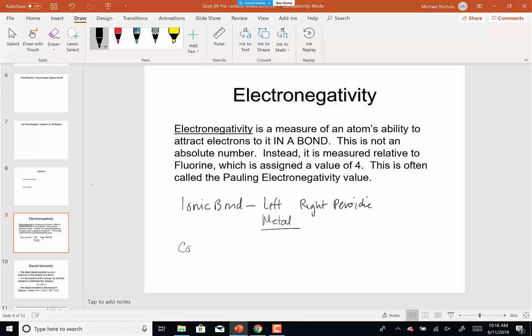When do you get a covalent bond? Well, what does covalent mean? Not complete transfer, but sharing. And covalent would be completely equal sharing. When are you going to get completely equal sharing?